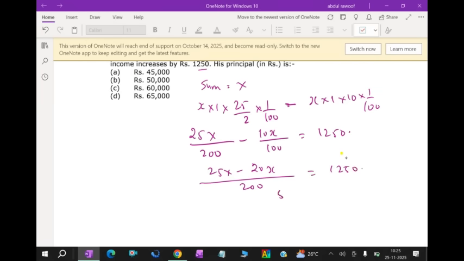So 5x equals 1250 into 200, cross multiplying.